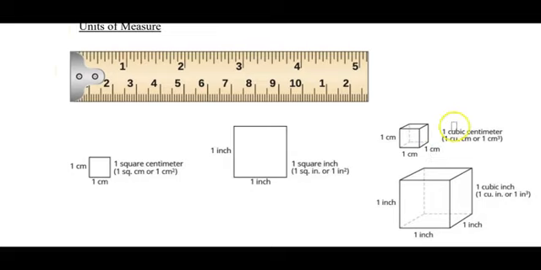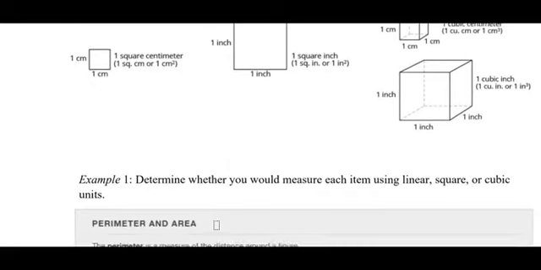And then our units will be elevated to cubic units. So again, regular units indicate we're just measuring a side. Square units indicate that we are measuring area within a two-dimensional figure. And cubic units indicate that we are measuring a volume that is included inside a 3D figure.